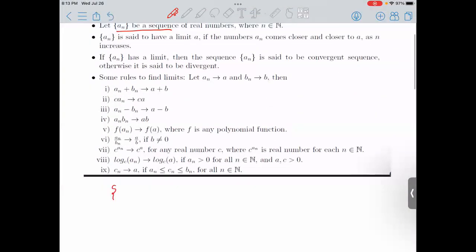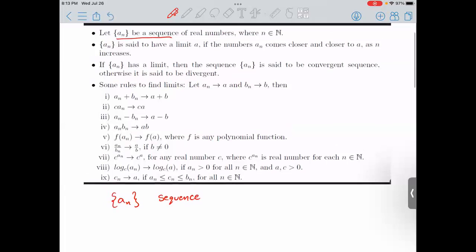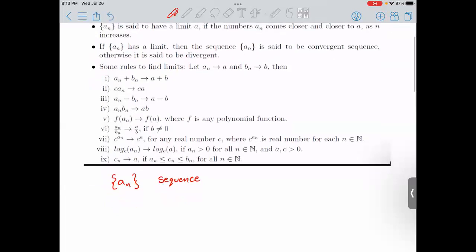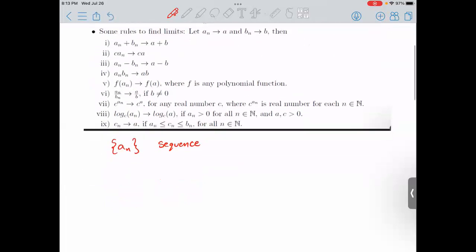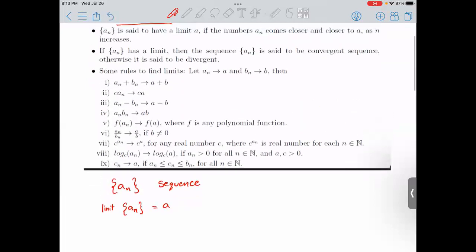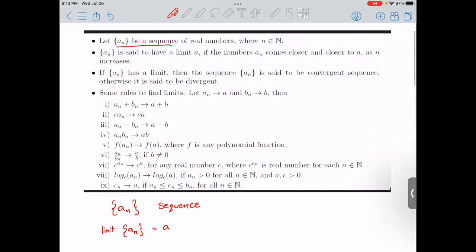What is different? a_n is a sequence. It is said to have a limit A if the numbers a_n come closer and closer to A. If we say limit of a_n is A, then what does it mean? It means that a_n comes closer and closer to A.